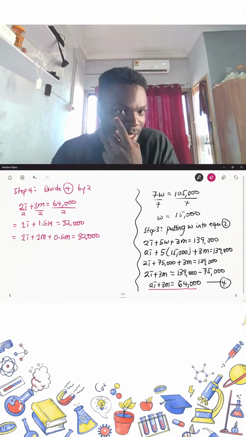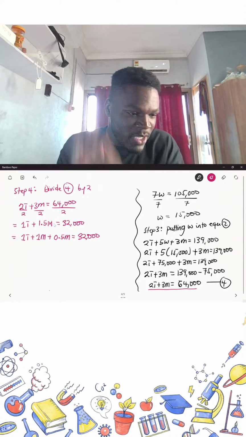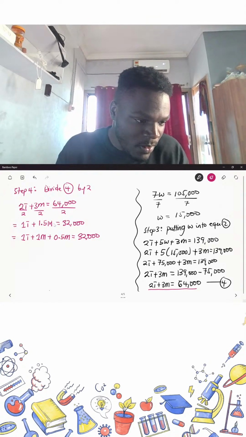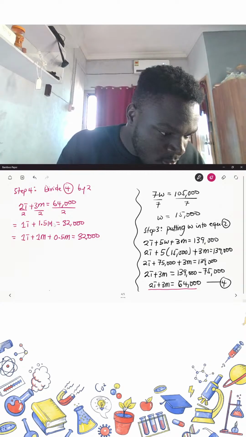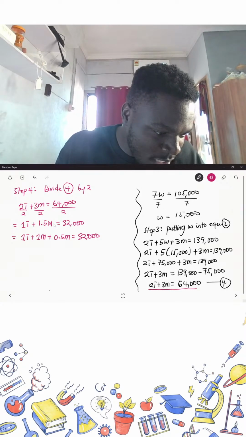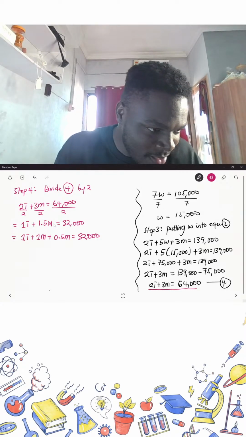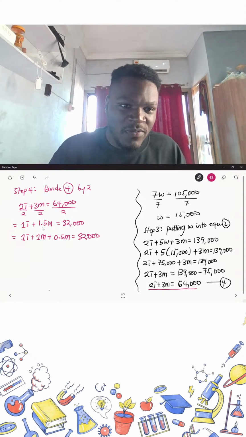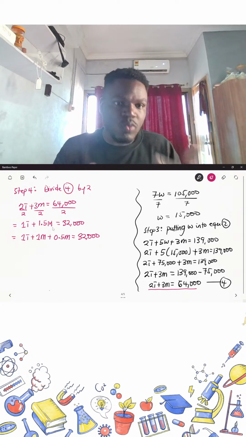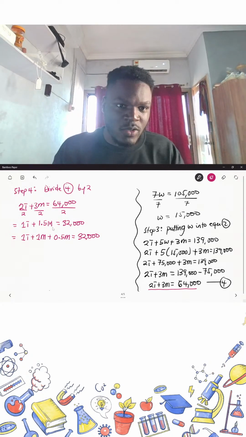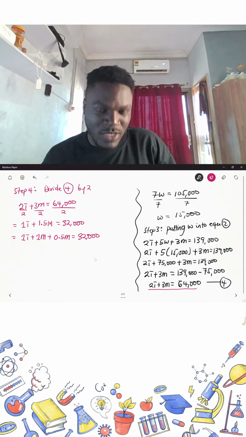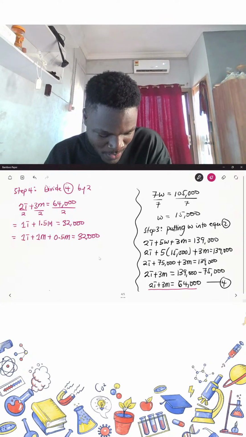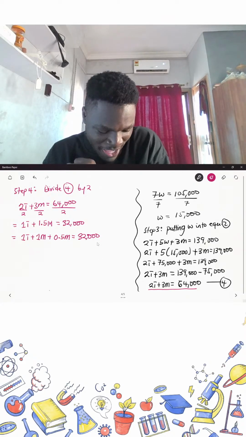The only thing is that the 1.5m here, I've broken it into two: 1m and 0.5m. So this is the next thing we do. Are you okay? So this is the expression that we have.